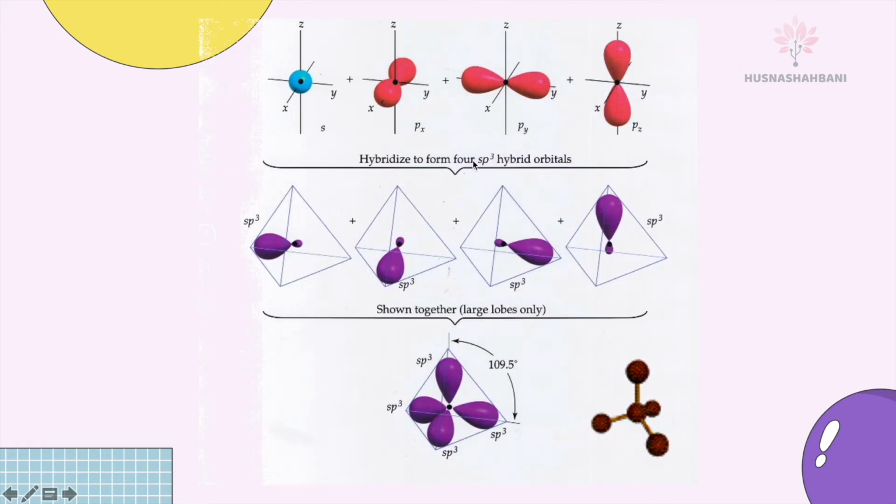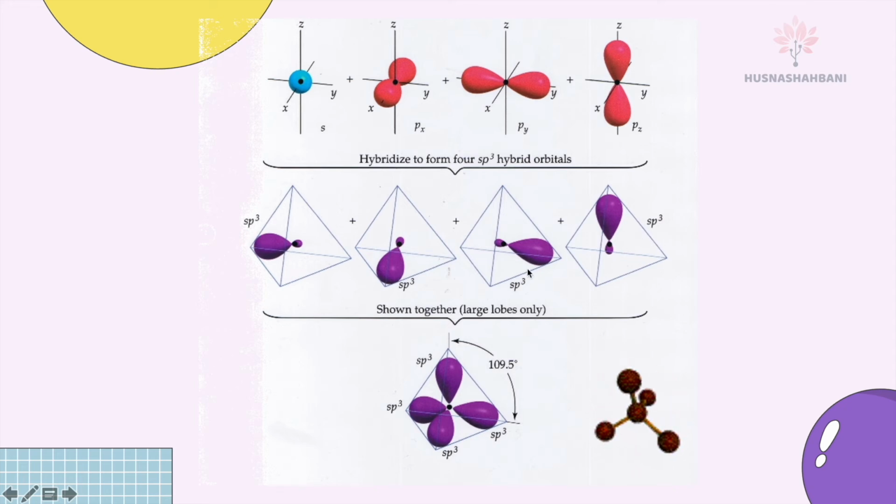Hybridize to form 4 sp3 orbitals. You're mixing s orbital and 3 p orbitals, and it will form 4. Initially you have one s orbital, one px orbital, one py orbital, one pz orbital. When you mix them, there will be 4 hybridized orbitals, 4 sp3: 1, 2, 3, 4 of them.